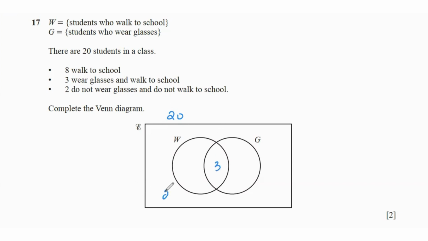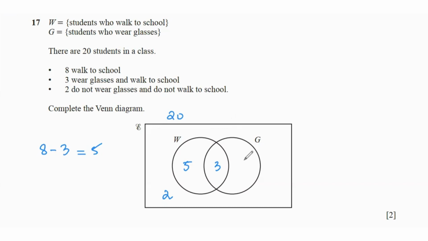2 do not wear glasses and do not walk to school, and 8 just walk to school. So that's going to be over here. And 8 walk to school, which means total number of people who walk to school is 8. Hence, the people who only walk to school is going to be 8 minus 3, and that is 5.